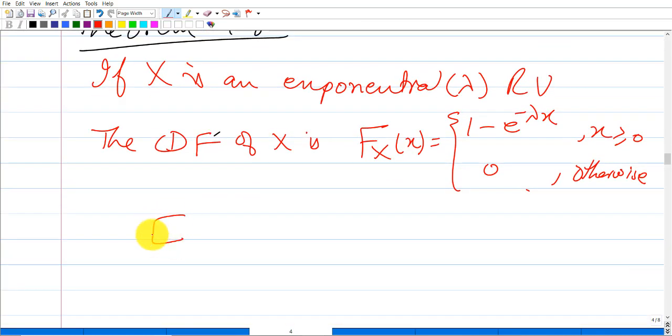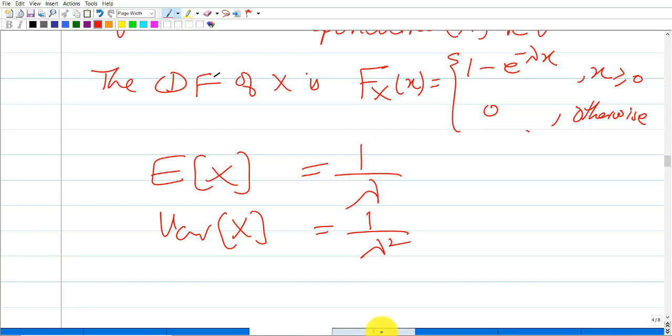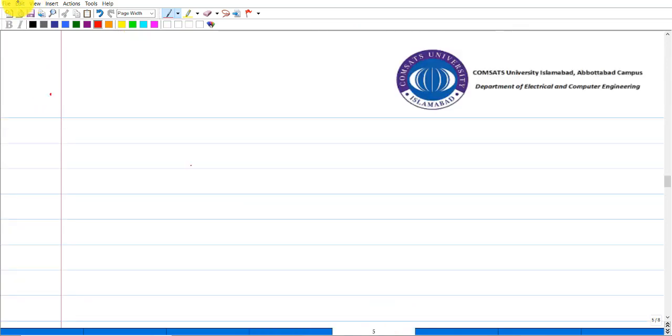The expected value of an exponential random variable is 1 over lambda, and the variance is 1 over lambda square. Okay, so let's look at the example.